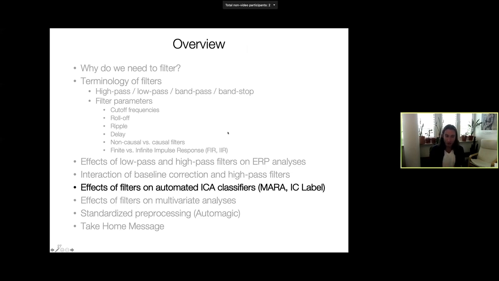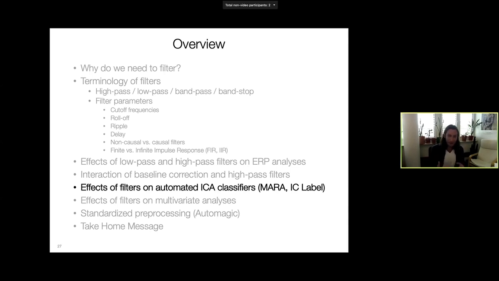So let's talk about the effects of filters and automated ICA classifiers. Automated ICA classifiers such as MARA and IC-label gained a lot of popularity in recent years, and for good reasons. Because on the one hand, it takes out the subjectivity of your analysis and thus increases the reproducibility of EEG analysis. And you don't have to decide whether an independent component is artifactual or not.